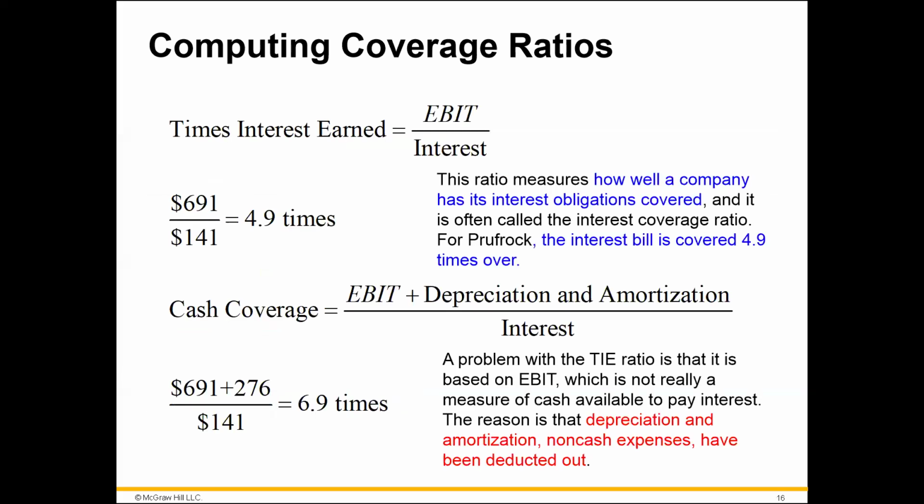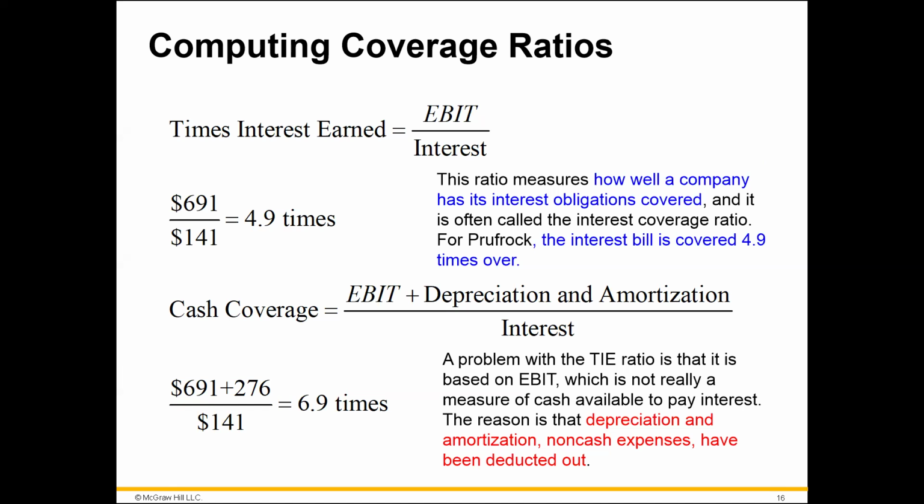Right? And there are other types of long-term solvency measures, which are the interest coverage ratio and the cash coverage ratio, right? We define the interest coverage ratio like this. You can call the interest coverage ratio by another term, times interest earned. It is EBIT divided by interest, right?